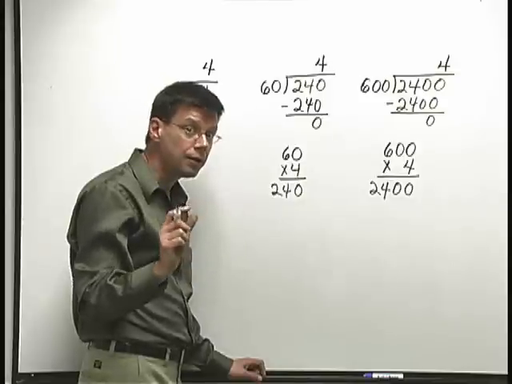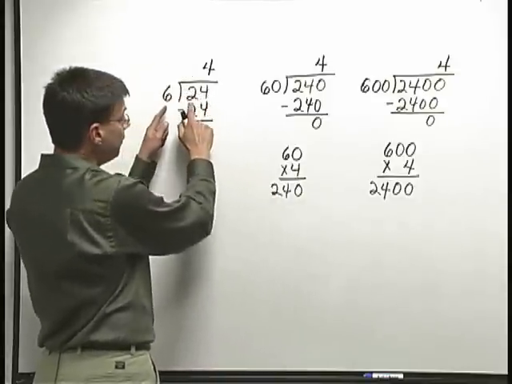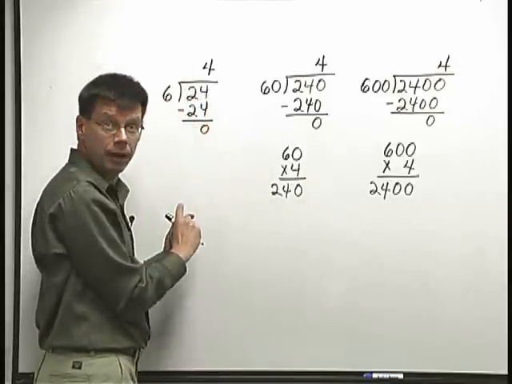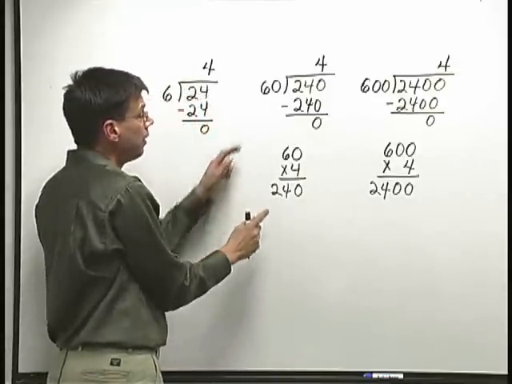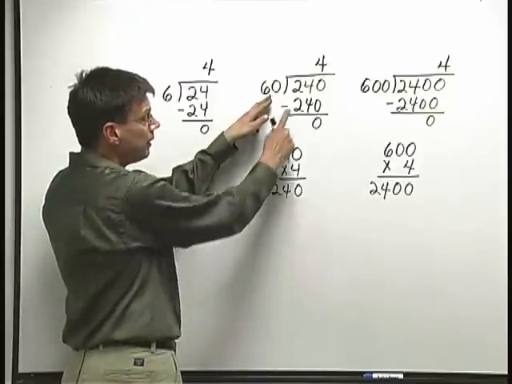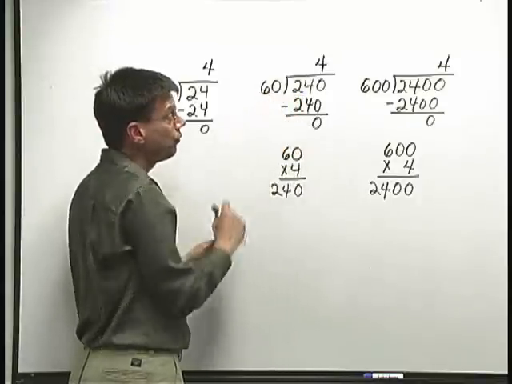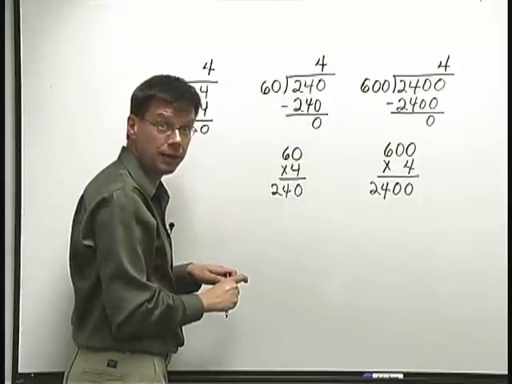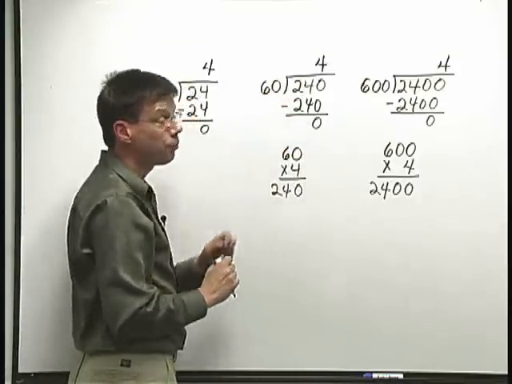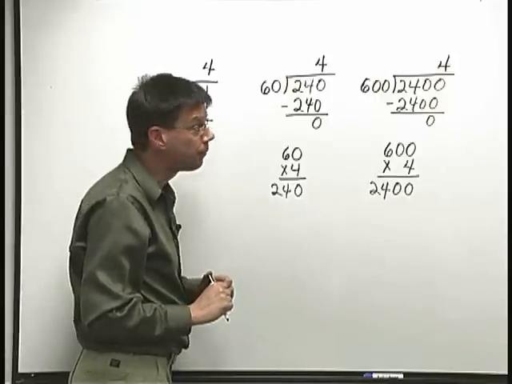Now here's the abstract idea. If you take a division problem, and if you multiply both in front by 10 and inside by 10, 60 is 6 times 10, 240 is 24 times 10, you get a new division problem with the same answer.